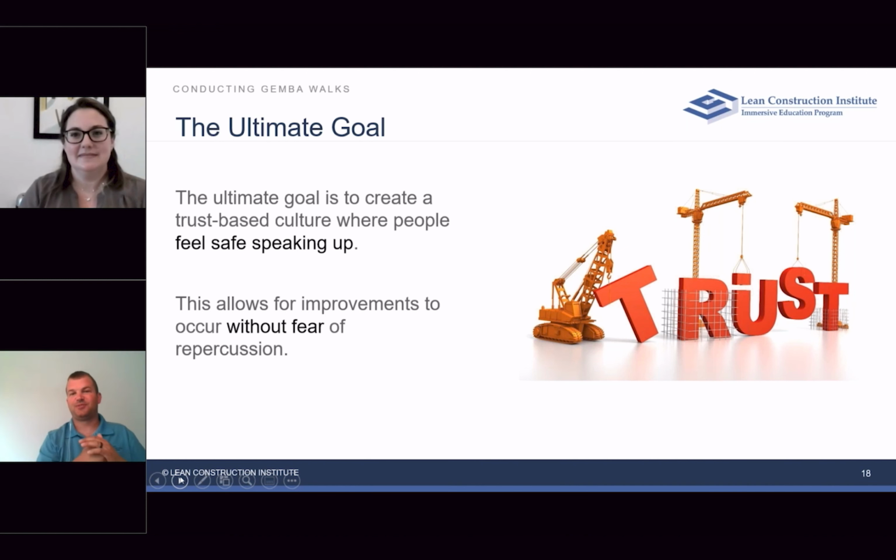All right, so what is the ultimate goal? Why do Gemba walks, right? I mean, we already walk site. One of the goals, not openly stated, is you want to create a culture on your project where workers feel safe to speak up without fear of repercussion. That is why, right?